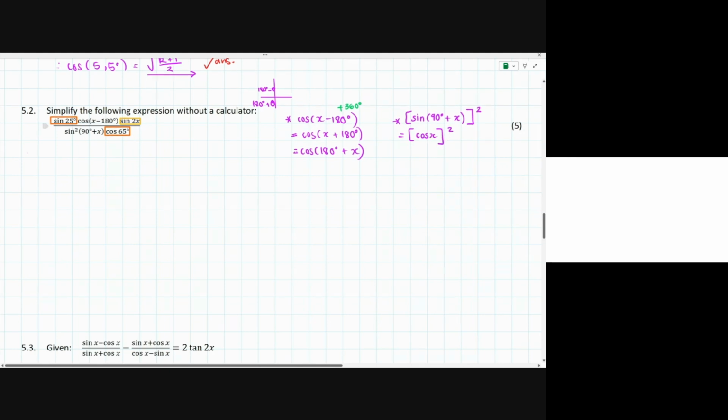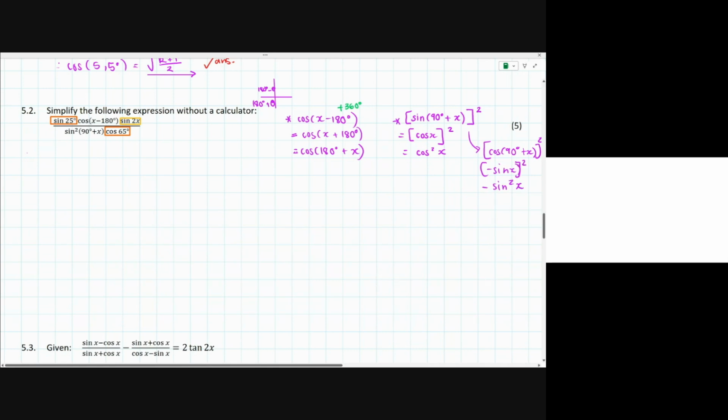That is still being squared. Cos x times cos x, or cos x squared, is cos squared x. So I have dealt with that squared. Now, why this is important is because often, if, for example, you had cos of 90 plus x squared, you guys will say, okay, cool, that gives me negative sine x, squared, and you end up leaving it as negative sine squared x.